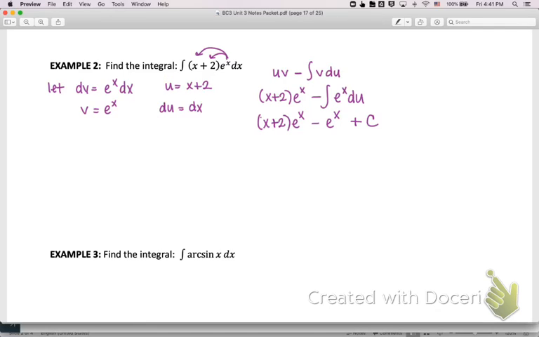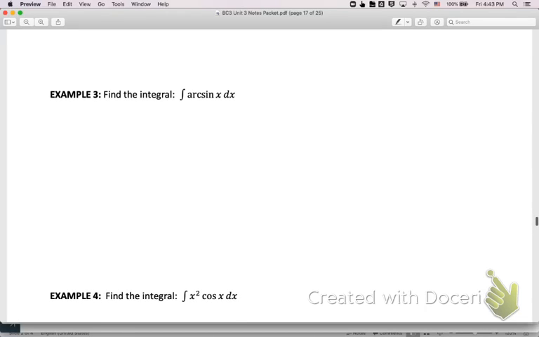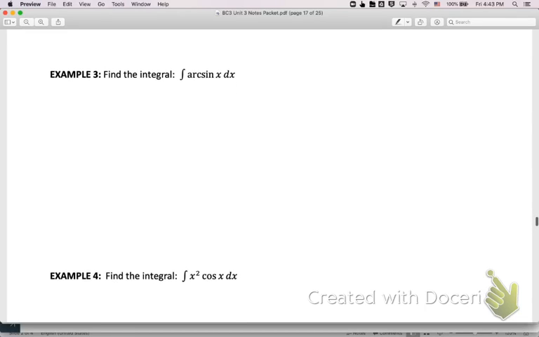Now, I love this example of finding the arcsine using integration by parts, because this is essentially how this formula was derived. So what we do, again, we need to pick something that's easy to integrate for dv, or choose something that's easy to differentiate for u.